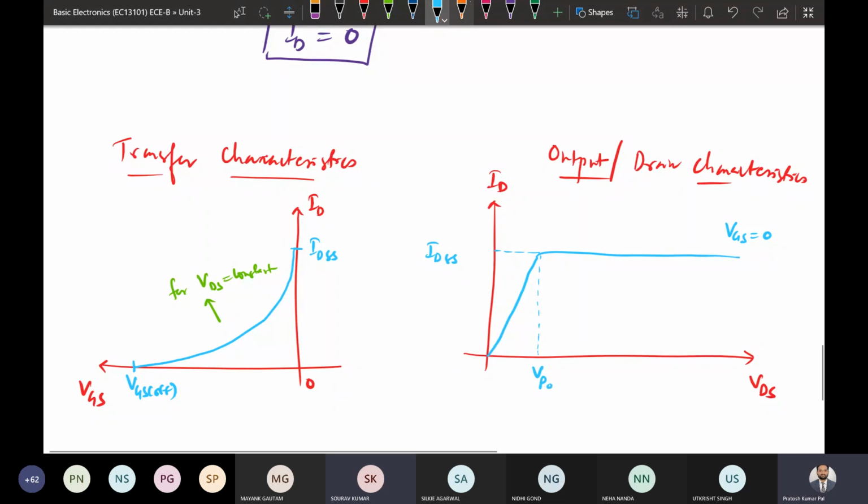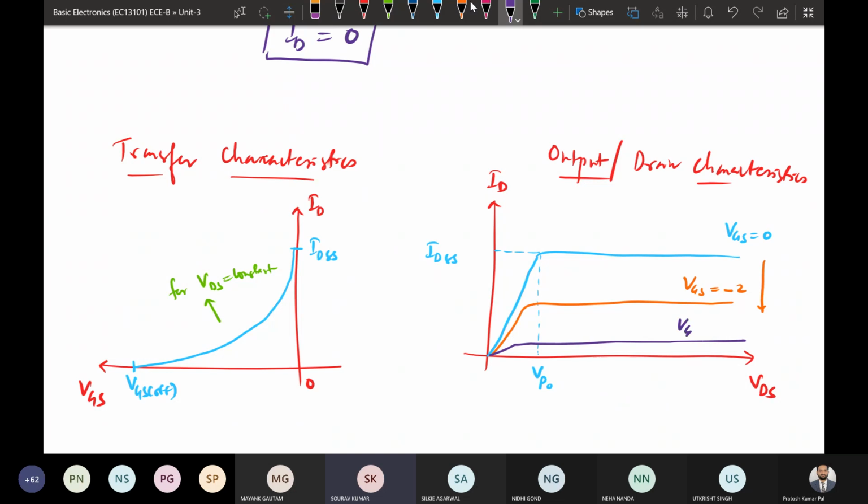If we further increase VGS in the negative direction, we will be getting a curve like this. So this is VGS equals minus 2 volt. Again, for another VGS, this will be the curve that we will be getting.